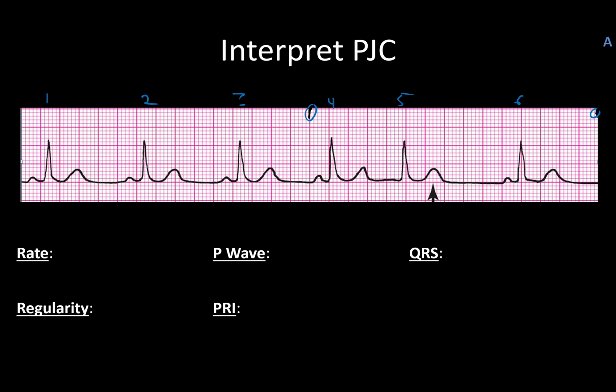And so 6 beats, 6 times 10, 60 for your heart rate overall. It is irregular. Number 5 appears to be an ectopic beat, and there is no pattern.